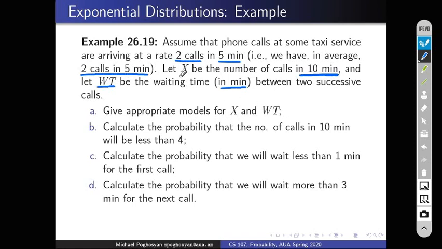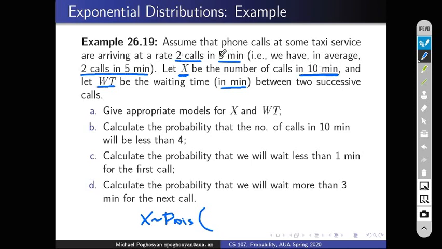Well, x is the number of calls in 10 minutes, and we have solved this kind of problem. We can model x by using the Poisson distribution. So first about x. X is Poisson, and we need to find the parameter. This is given in 5 minutes, but we need to find it in 10 minutes.